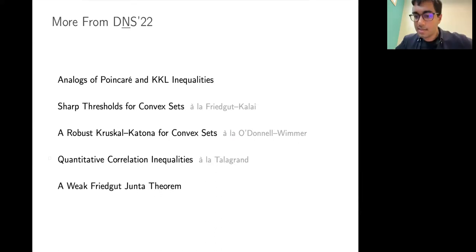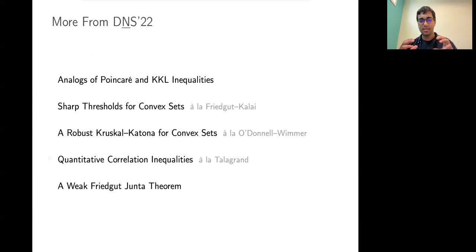And in fact, we don't know how to prove a junta theorem. So here's a really simple one-dimensional problem that I don't know the answer to. So in the Boolean setting, suppose you have a function f, and the influence of the first coordinate is epsilon. Then you can show that you're epsilon close to a function which doesn't depend on the first coordinate. But the analog of that in the convex setting, I don't know how to prove.